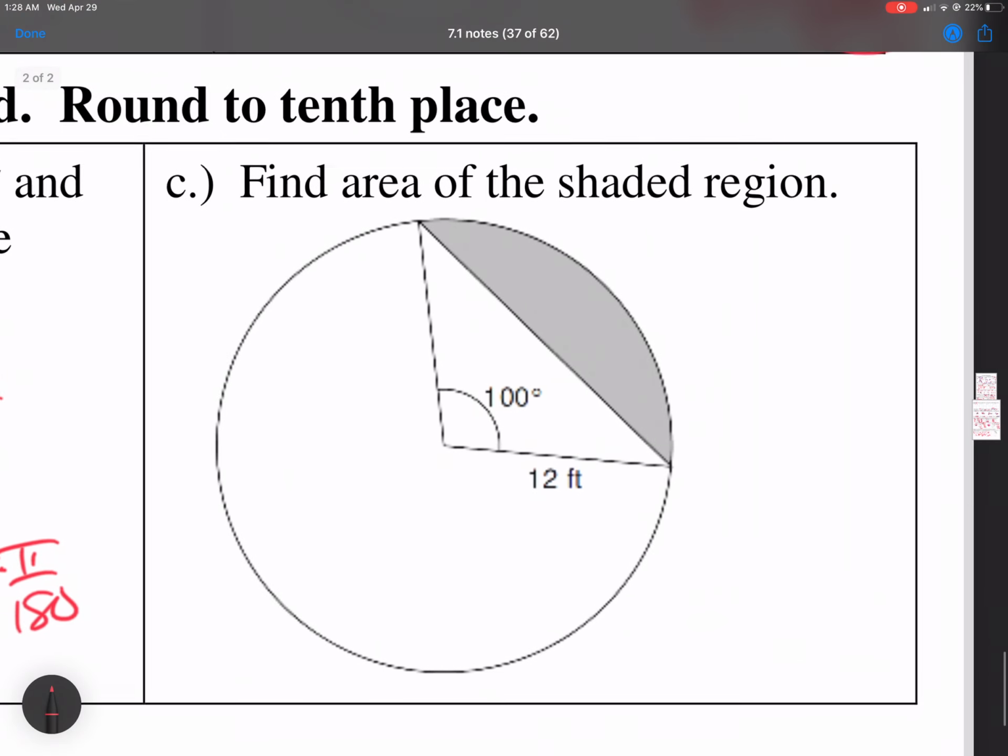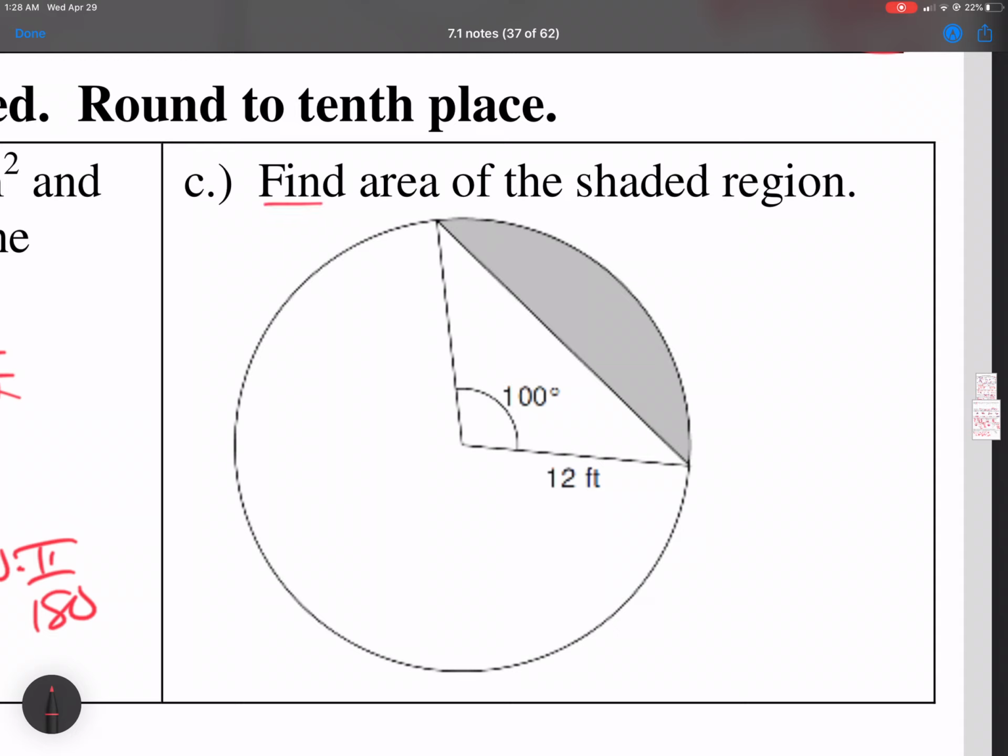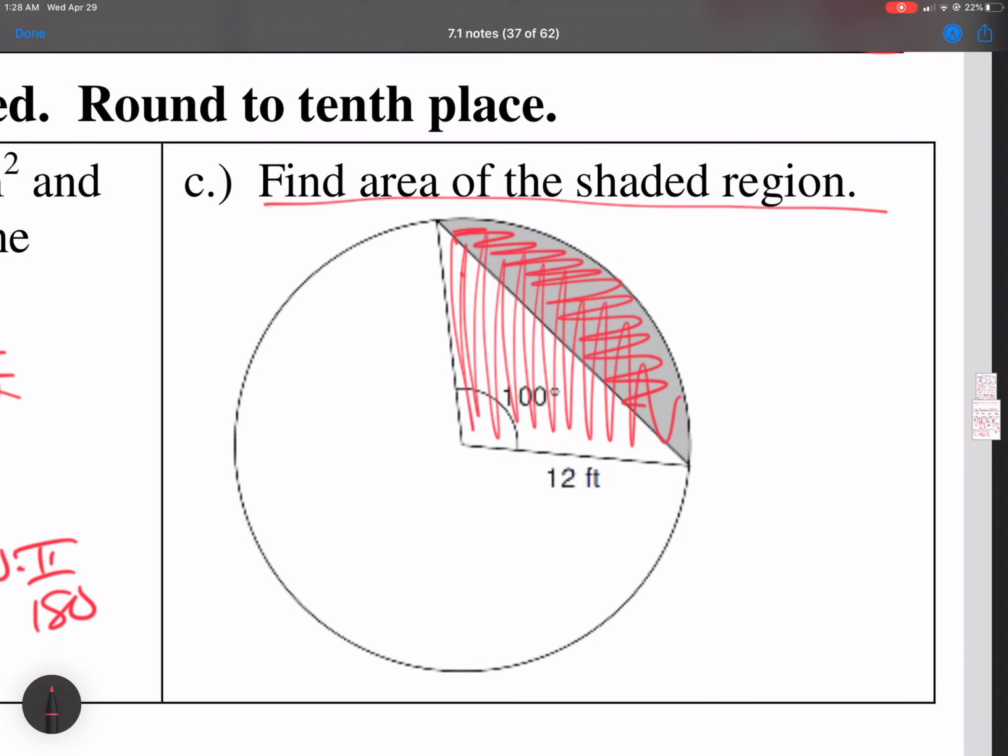And finally, the last example. Find the area of the shaded region. So I need to find this area. So that means I need to find this whole sector area. So I'm going to convert the 100 to radians.